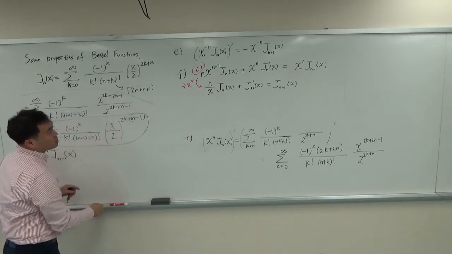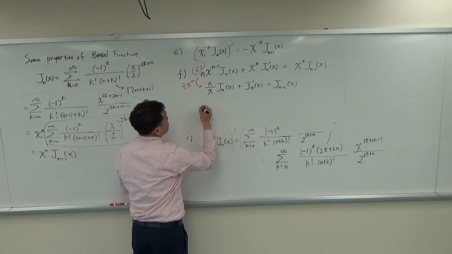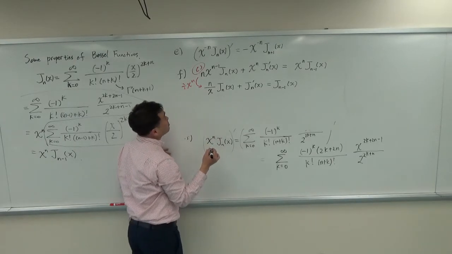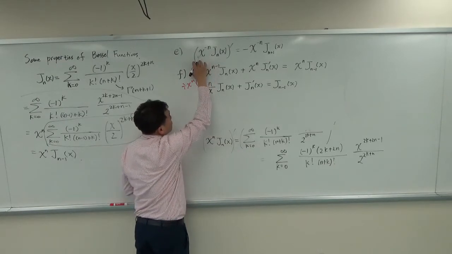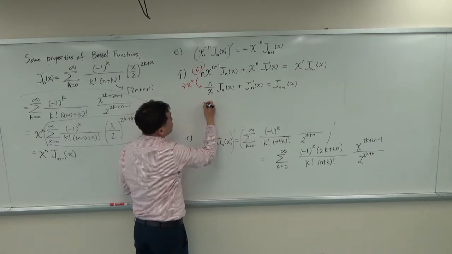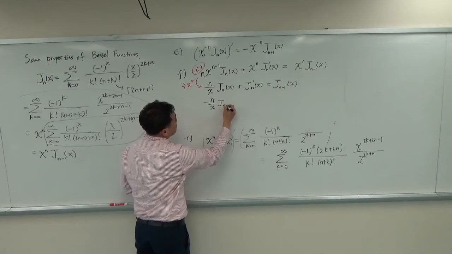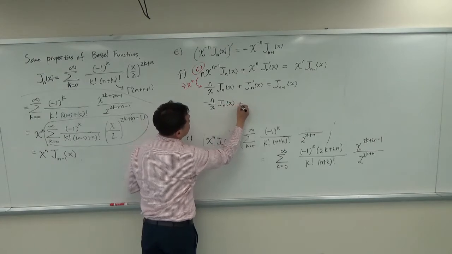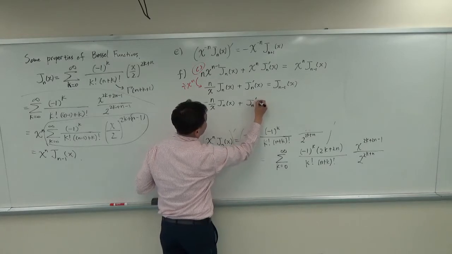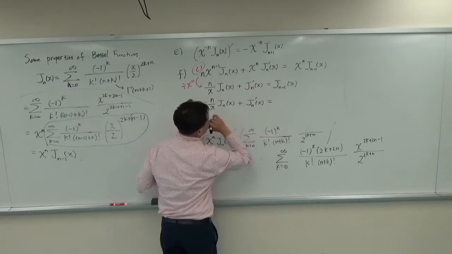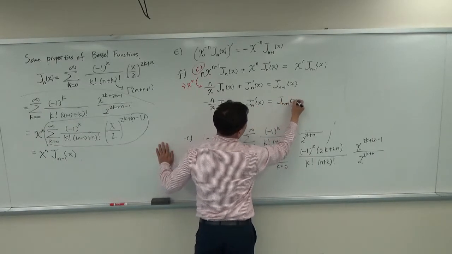Now in the same way, if you rewrite this and I multiply by x to the nth power, what are you getting? You're getting negative n over x J n x plus J n prime of x, and then this would be J n plus 1 x.